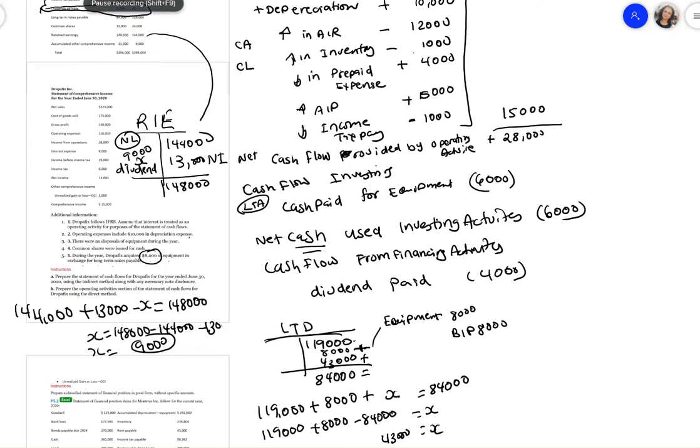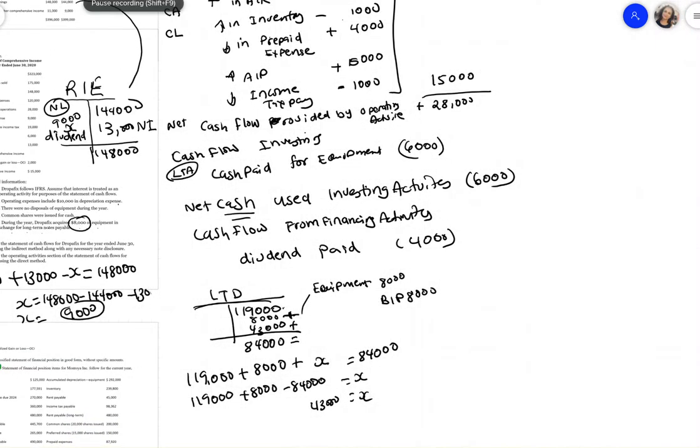Oh no, I made a little mistake. The number is 43,000, and it's a negative number, not a positive number.